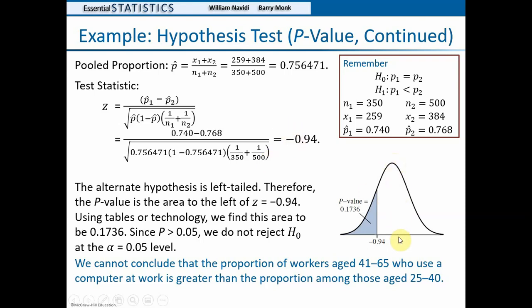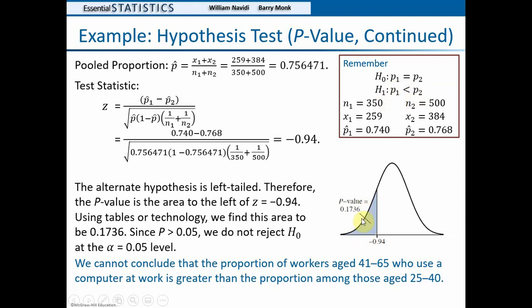And here's our picture, and it's always good to draw a picture to see what we're doing. If I had critical values, I'd also plot my critical values in here, left-tailed or right-tailed. So here is what we were doing. We were saying P1 is equal to P2 versus P1 less than P2. This is toward the left for the P1, so it's a left-tailed test.